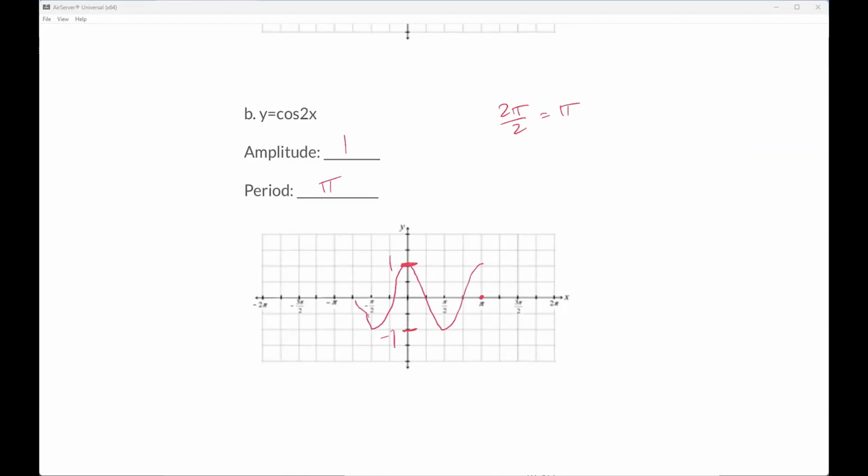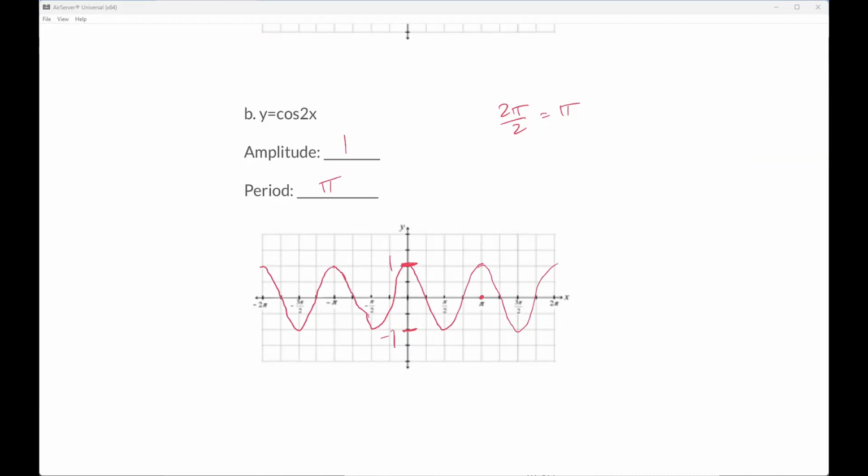Up and over. All right. So it is smushed over compared to the extended cosine. Cool. All right, we're getting closer and closer to the end here.